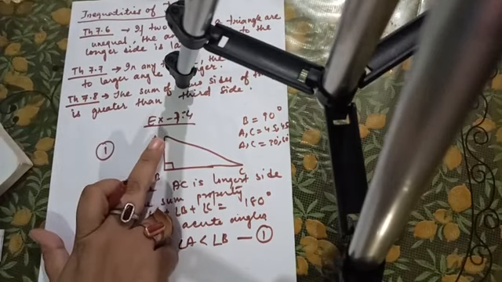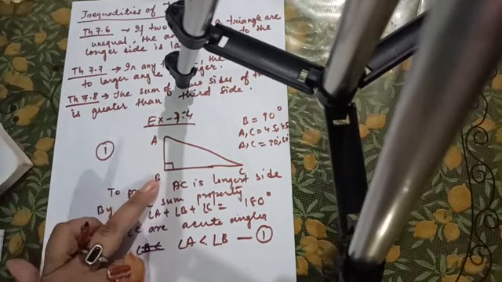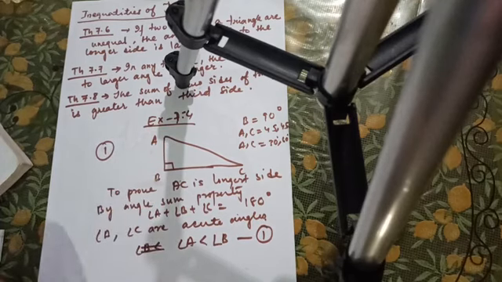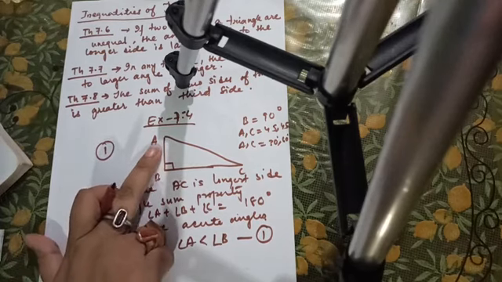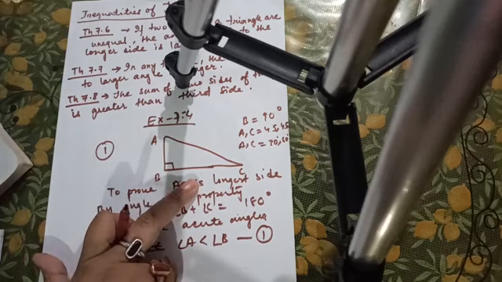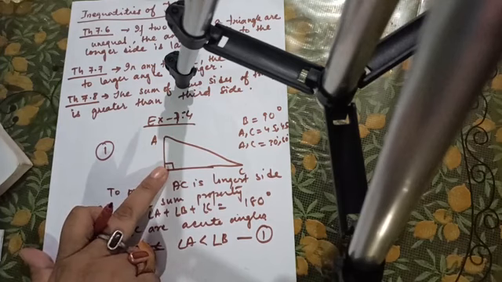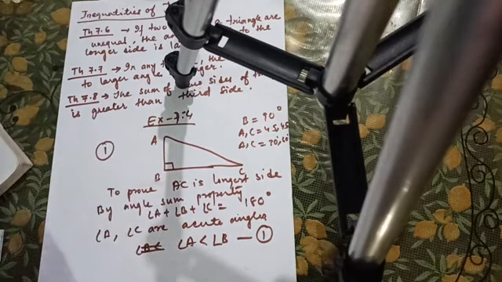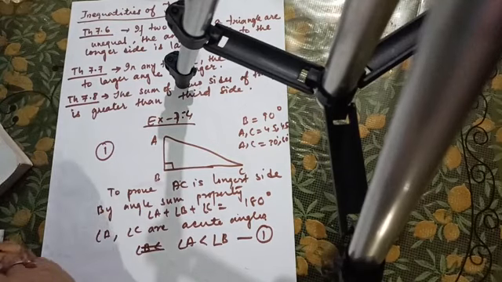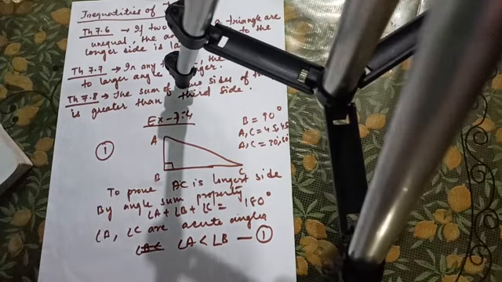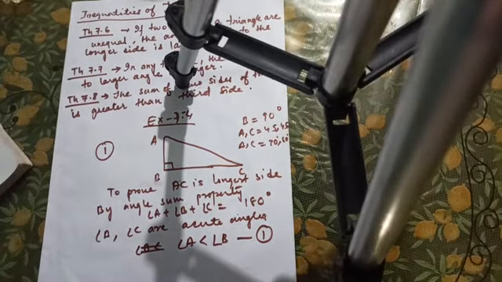So what is the side opposite to angle A? It is BC. And what is the side opposite to angle B? This is your AC. So already we know that whenever in a triangle the side opposite to the larger angle is longer, that is using the theorem.